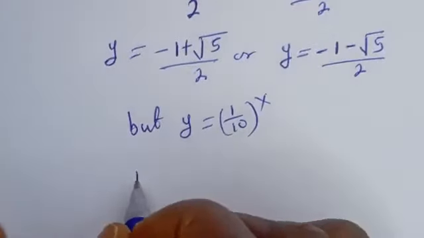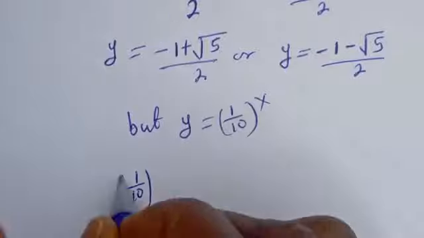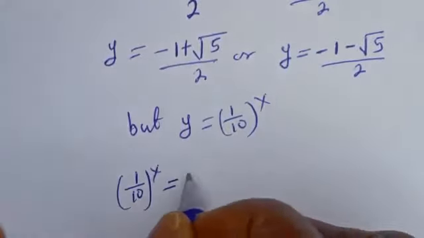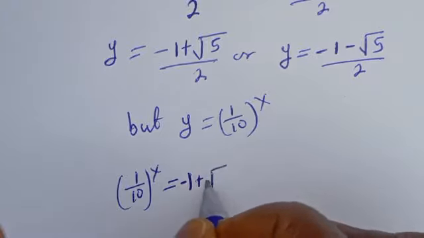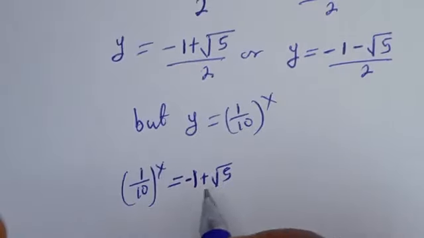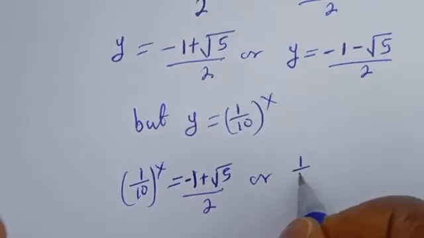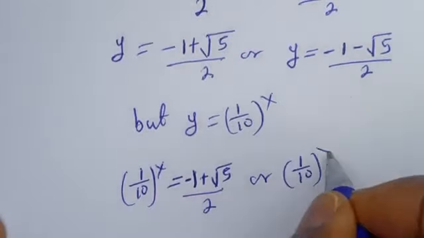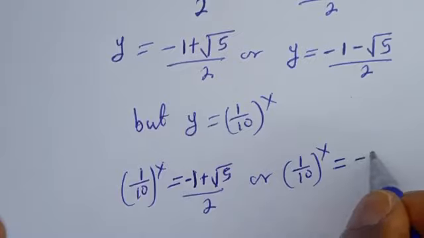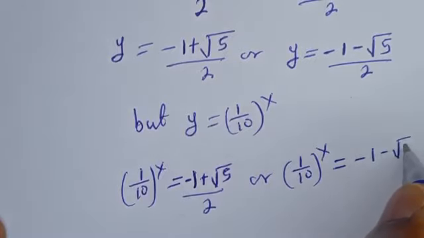We have 1 over 10 to the power of x is equal to minus 1 plus root 5 over 2, or 1 over 10 to the power of x is equal to minus 1 minus root 5 over 2.